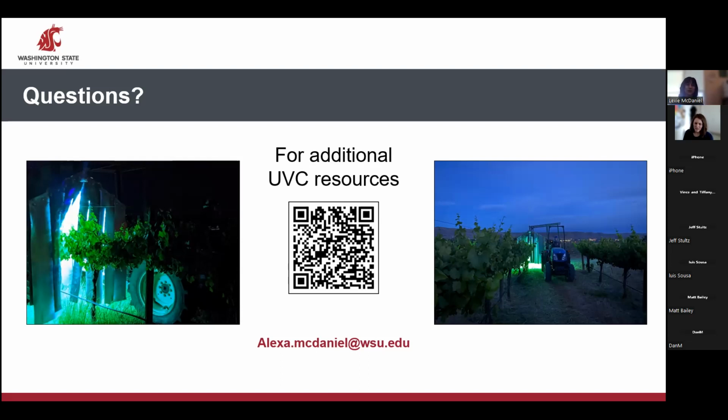And can UVC create problems for soil microbes? I don't believe so. Really, our lights are focused in on that canopy. There is some, as you can see on that bottom left picture, that is radiating to the floor. We have natural vegetation on our floor, and we don't have bare soil.